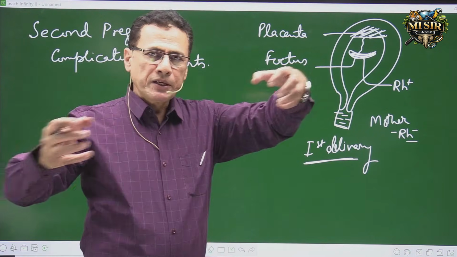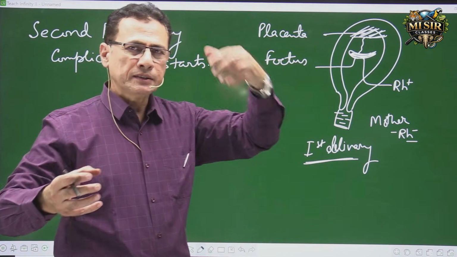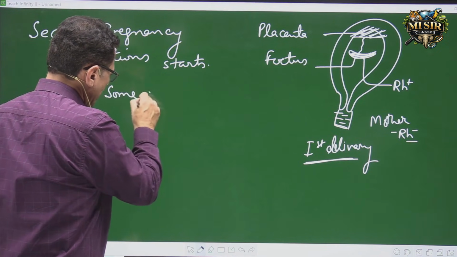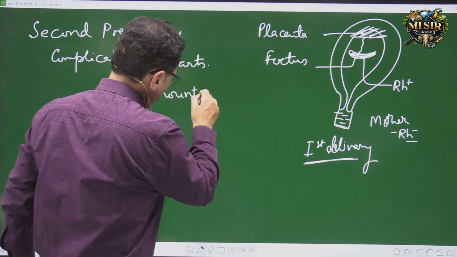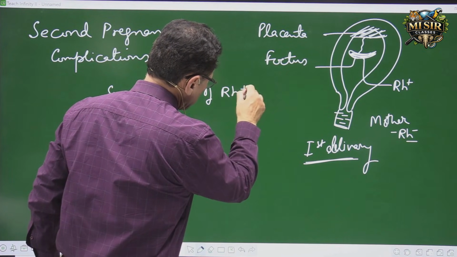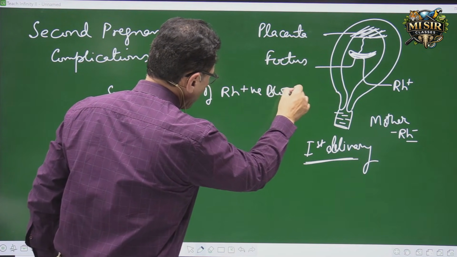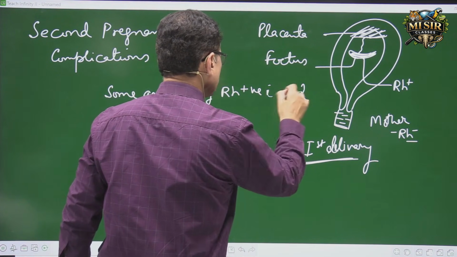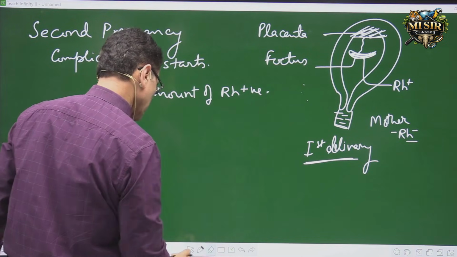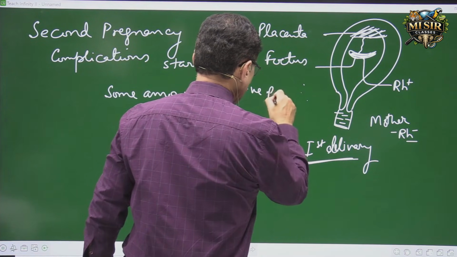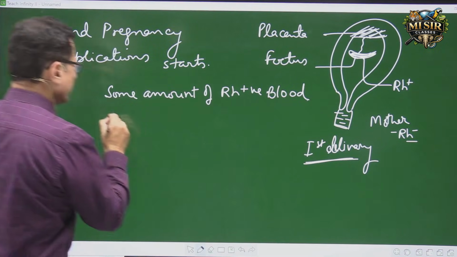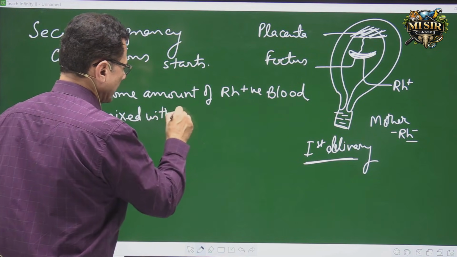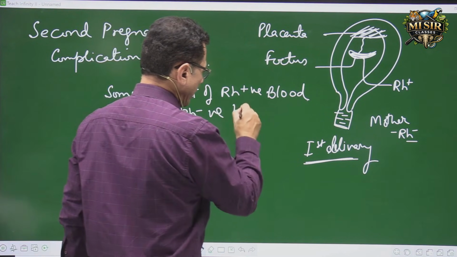At the time of separation of placenta, at the time of delivery, some amount of Rh positive blood gets mixed with Rh negative blood of mother.